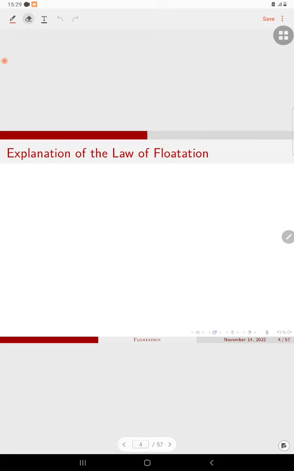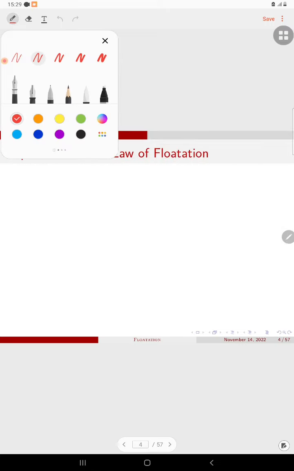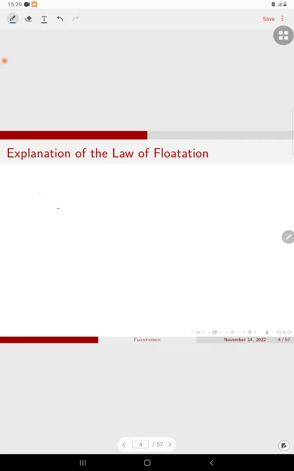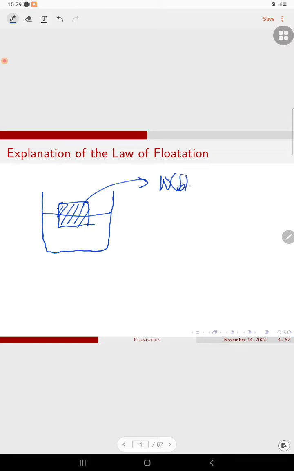Assuming we have a container filled with water. I put a wooden block in here and the wooden block is floating. Let us assume that the weight of this block is 20 newtons.